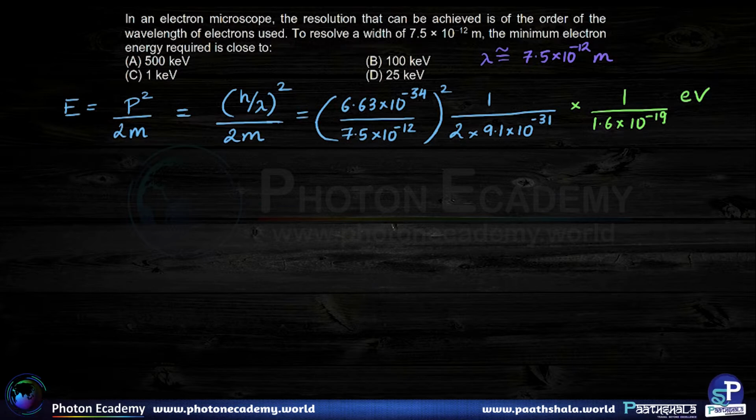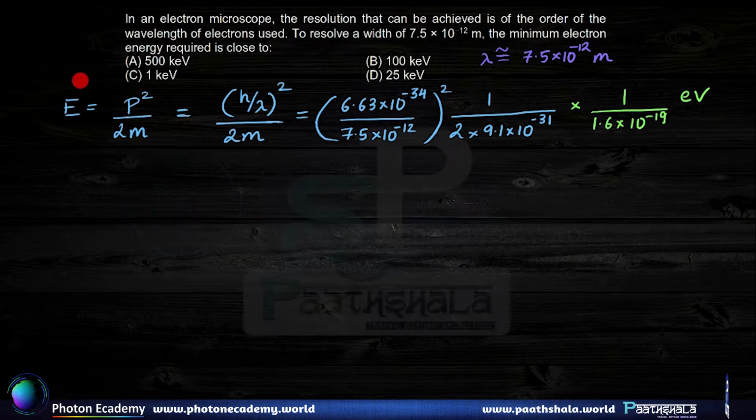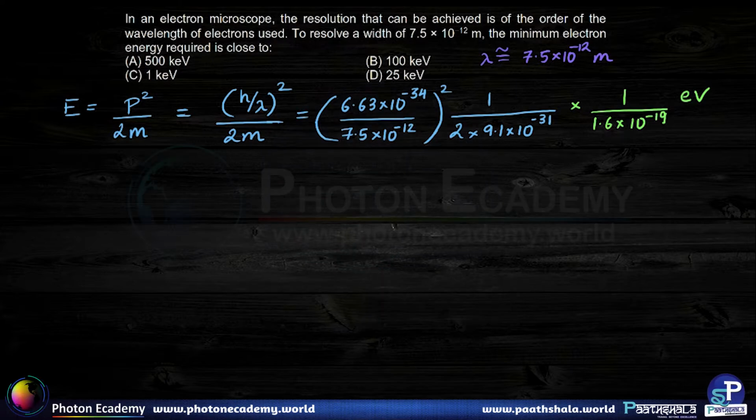Now the physics part of this particular question ends over here by writing down this equation. Now we need to understand how to approximate this value to one of the options in a fast and efficient manner. So for that we understand what is happening with the powers of 10. So let's analyze only the powers of 10 and write down everything else separately.